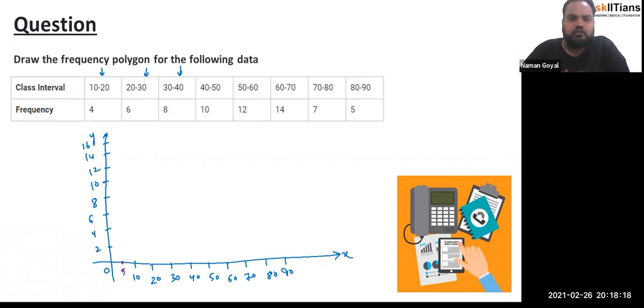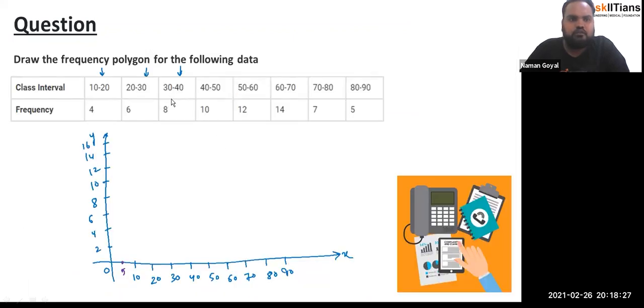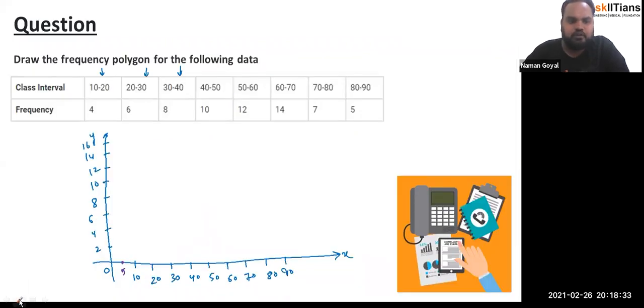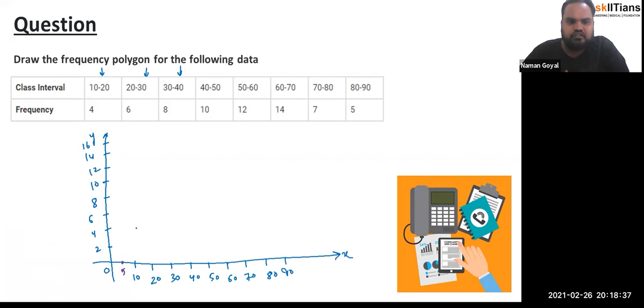Now for 10 to 20, the midpoint is 15 and the frequency is 4, not 6. So we plot 4 at the midpoint of that part. Next is 20 to 30.